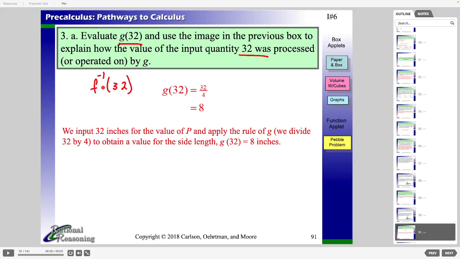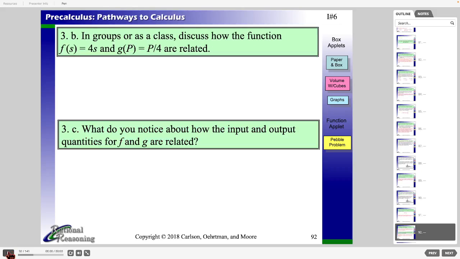Now, that's where the inverse function is kind of more meaningful, since we know that the forward function, f of s, is simply taking 4 times s. The inverse one, we're going to divide by 4. Okay.